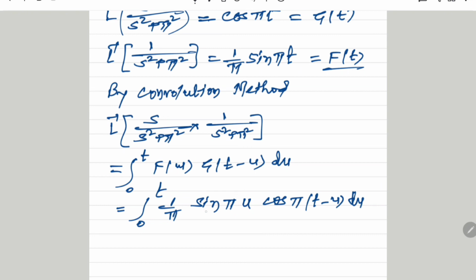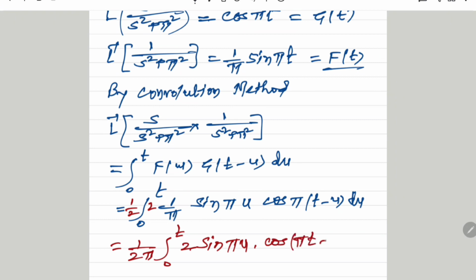To perform its integration, we have to multiply by 2 and divide by 2 so that it becomes 1 by 2 pi integration from 0 to t 2 times sine of pi u multiplied by cos of pi t minus pi times u, and then its integration with respect to u.